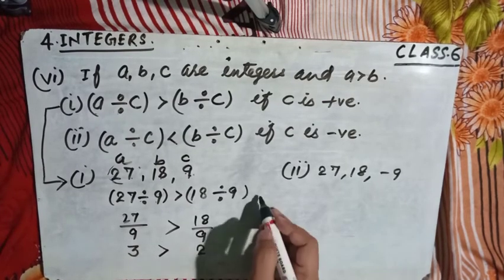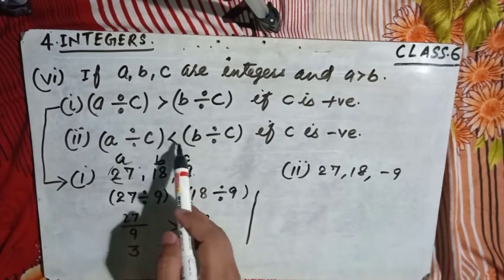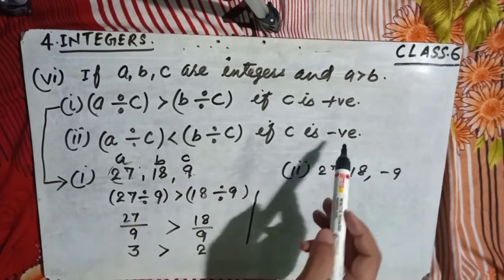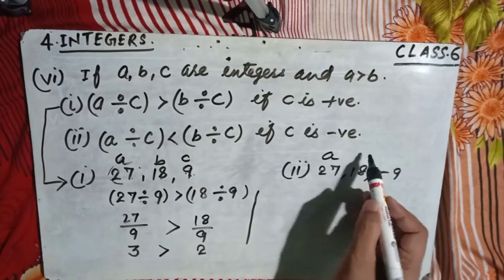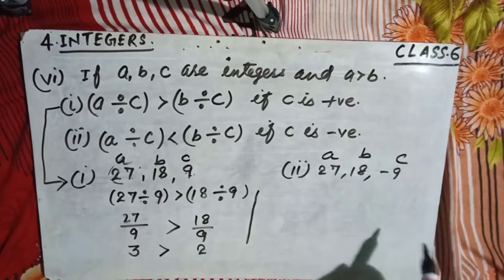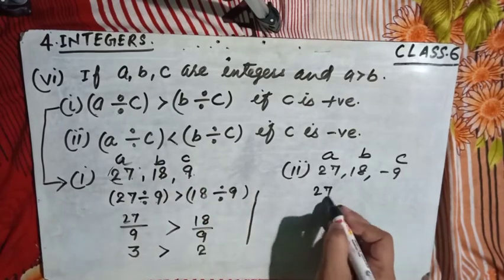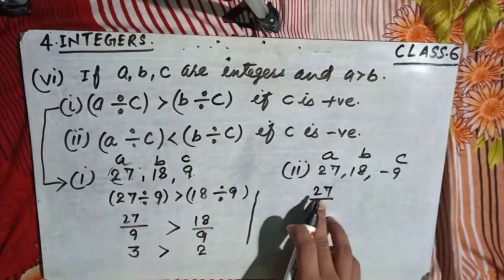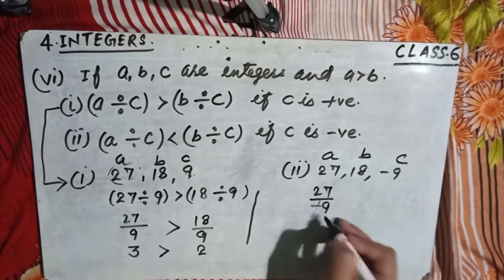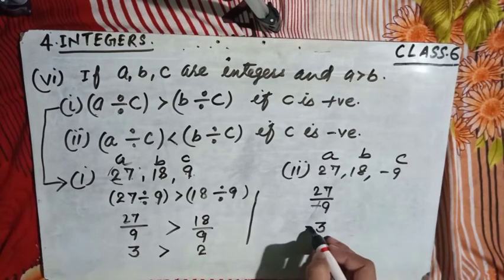Now see the second point: a divided by c is less than b divided by c if c is negative. We take this example: 27 is a, 18 is b and c is minus 9. First find a divided by c: 27 divided by minus 9 is minus 3.